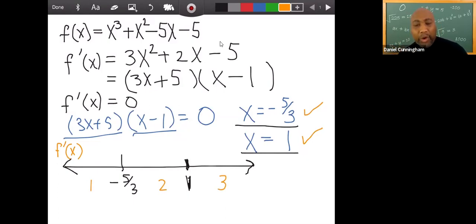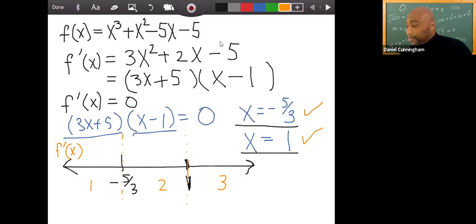Or is it positive or negative in the third interval? We're only talking about the first derivative, not the original function. Since it's equal to 0 at negative 5/3 and 1, we know that it's either going to be positive or negative in those 3 intervals.